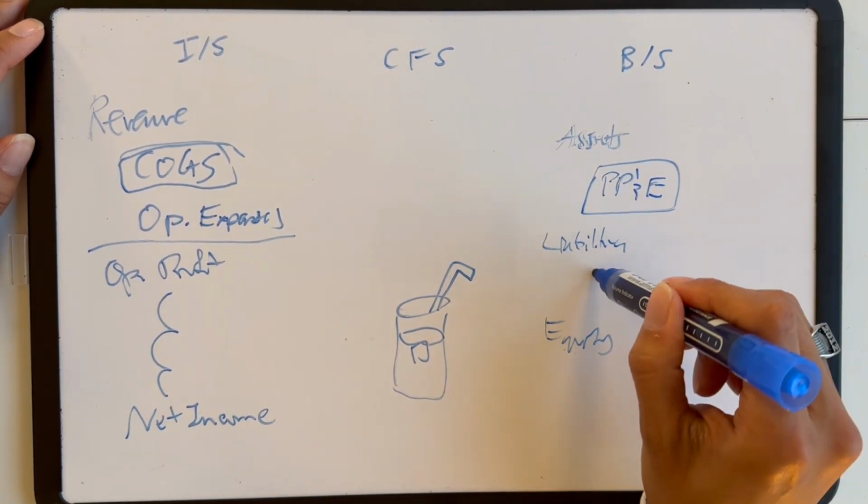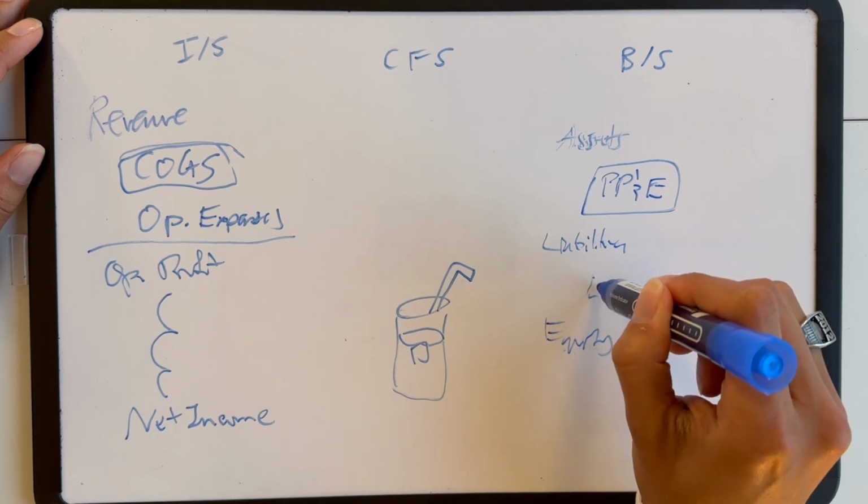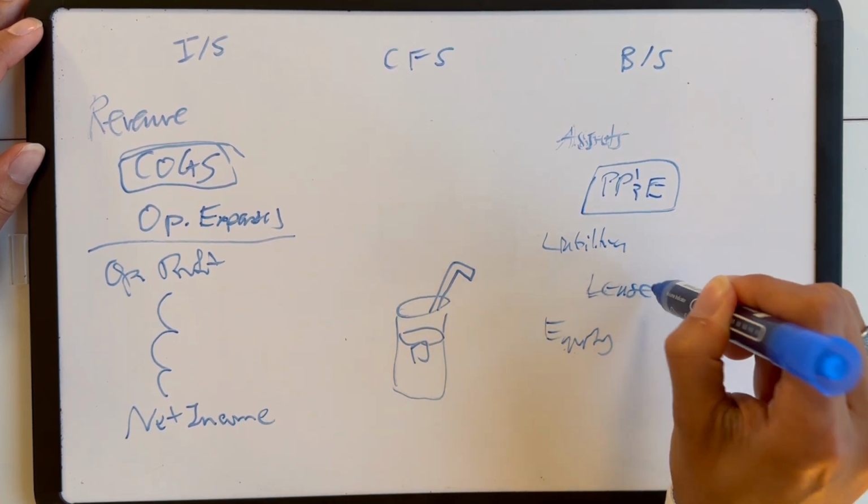Now, let's make this a little more complex. Let's say I'm a retail store now, and I have this lemonade stand in a retail store in a strip mall. In order to do that, I need to rent out the space, so I have to sign a lease contract with the landlord. I could actually have a lease as a liability on my balance sheet.